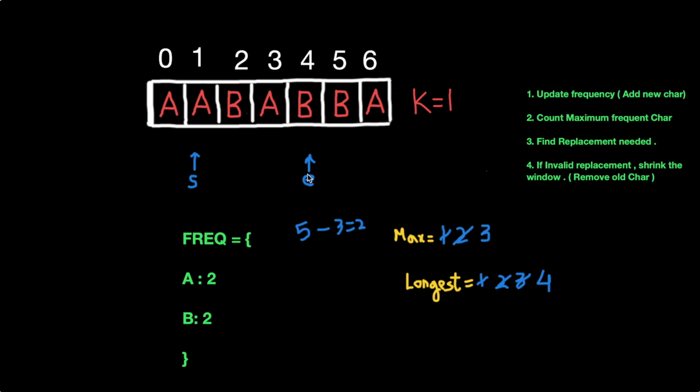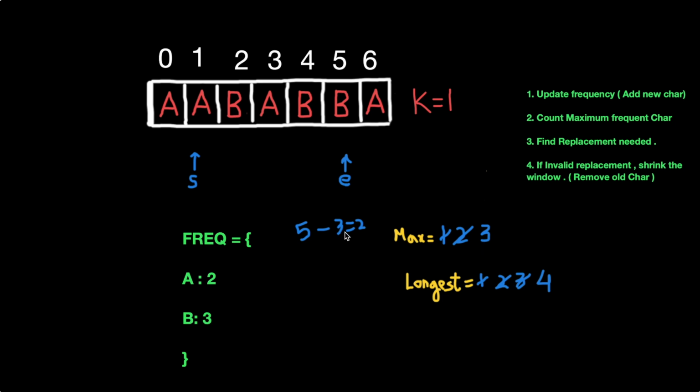Now in the next iteration, our end pointer will move here, and it checks our maximum frequent character. Earlier it was 3, and now again it will become 3, because when we encounter B, we update our frequency, right? So now B's frequency is 3. Now I'll count the maximum frequent character. Earlier we did not reduce it to 2, so we have 3 only, and our current frequency is also 3.